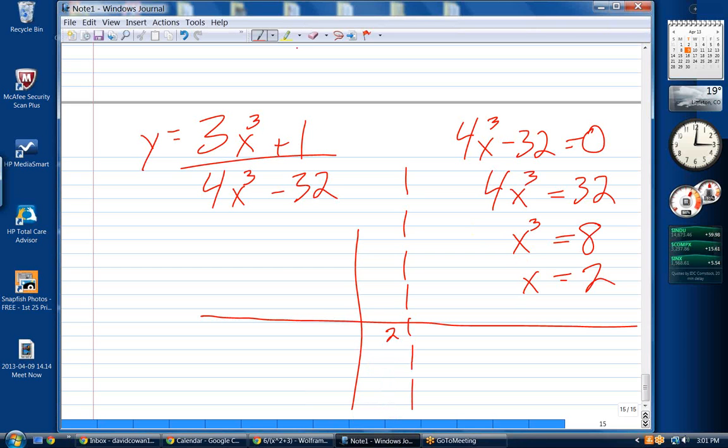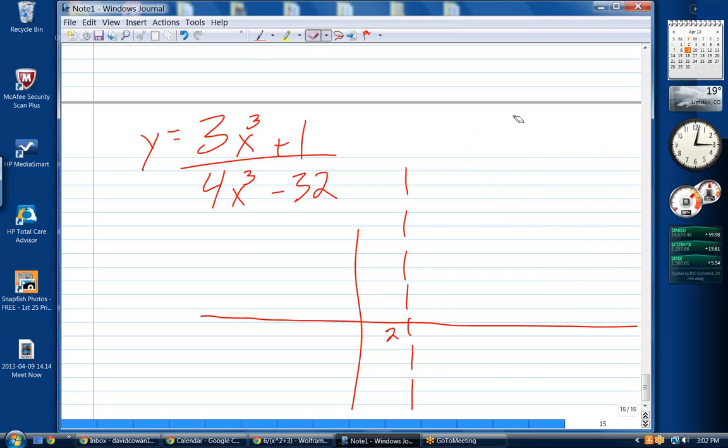Notice that it wasn't plus or minus 2. The solution to that is 2 only. Negative 2 cubed is negative 8. So the cube root of 8 is positive 2. So there's only one vertical asymptote. Where's the horizontal asymptote? Is it 3/4?